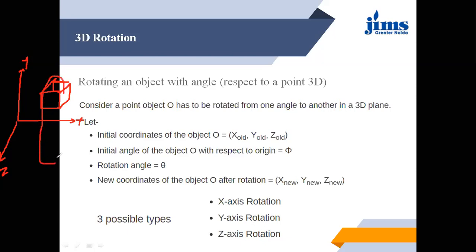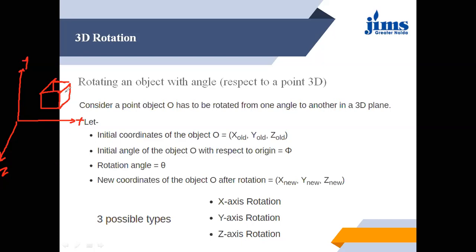When I am rotating it with respect to the x-axis, and it was in between axes x and y, then the new coordinates of the object will be between the x and z direction axes.